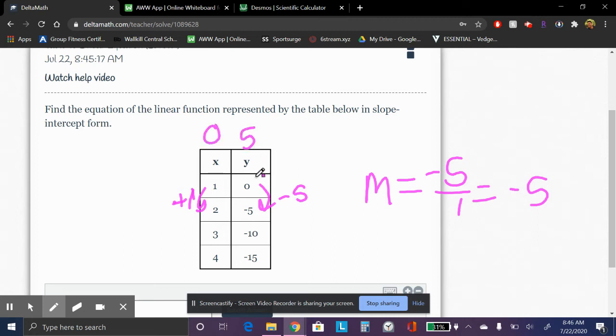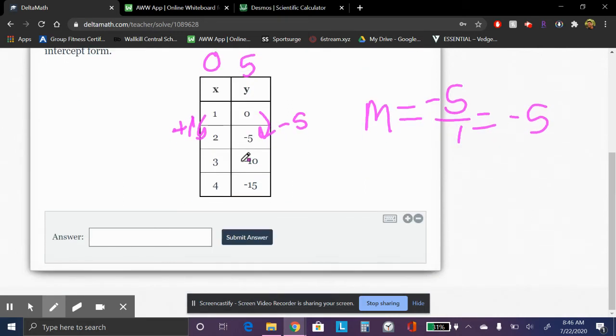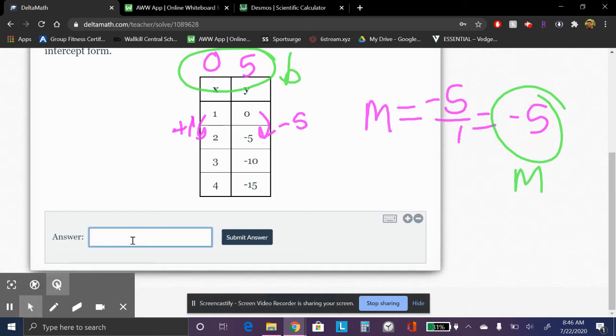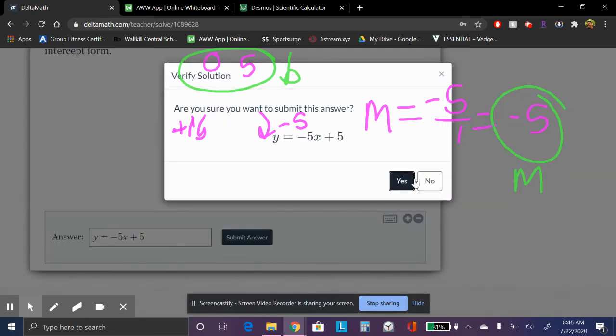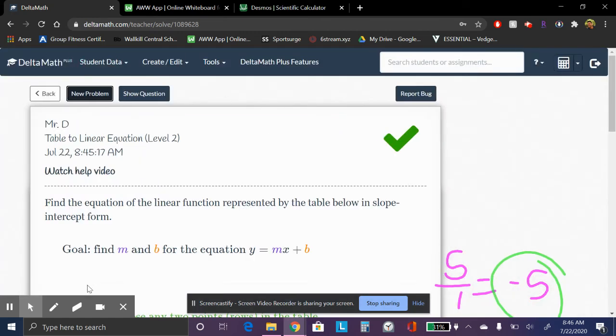So then my equation would be, so this would be my b, right? This is my m. So my equation would be y equals negative 5x plus 5. Submit. Boom.